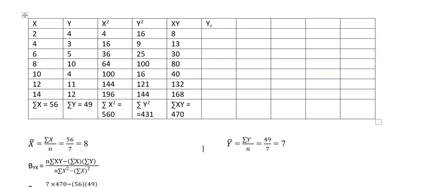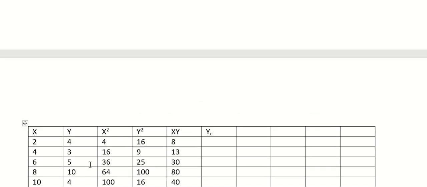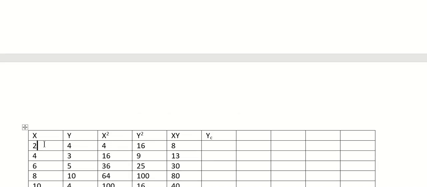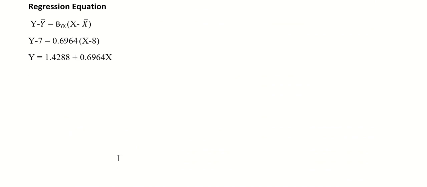For example, I'll just show you how we have calculated this. Here we have the equation, right? Now what will I do? I will just put the value here. For example, the first value of x is 2.